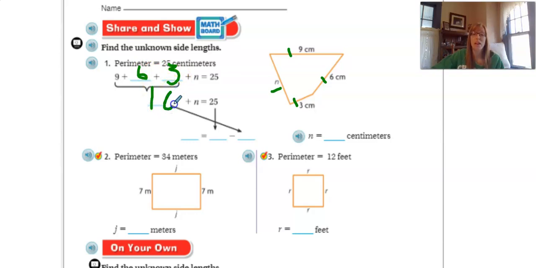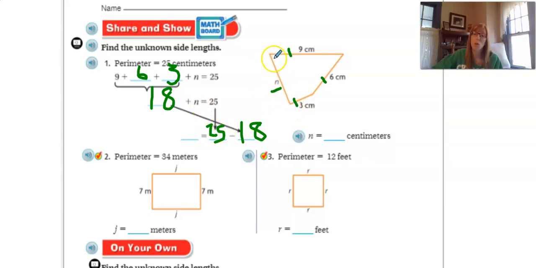So 18 plus n is going to equal 25. So we're going to do 25 minus the 18 because we want to find the distance between the total perimeter and what we already know.